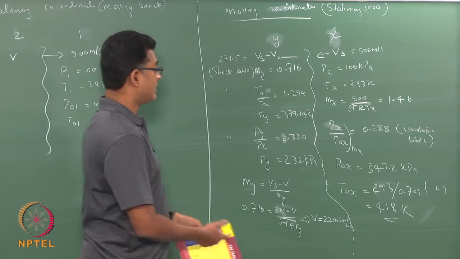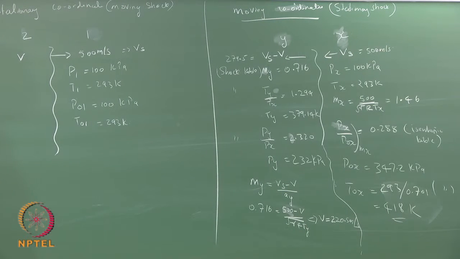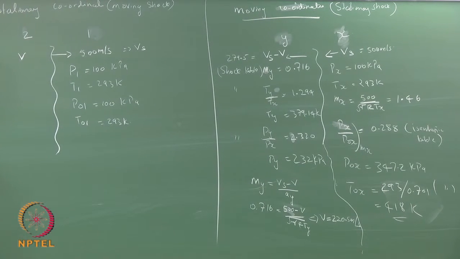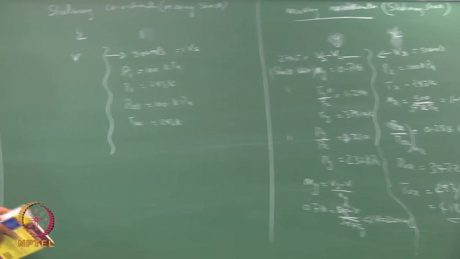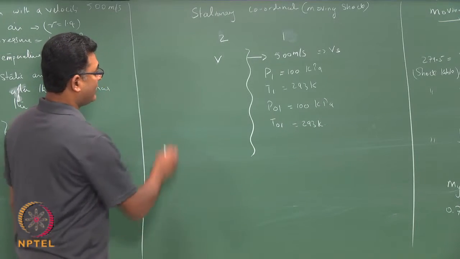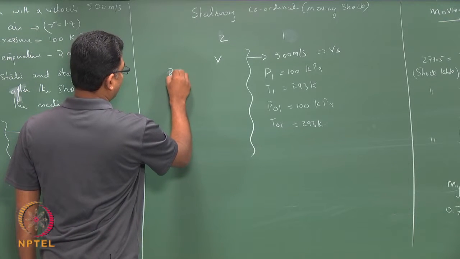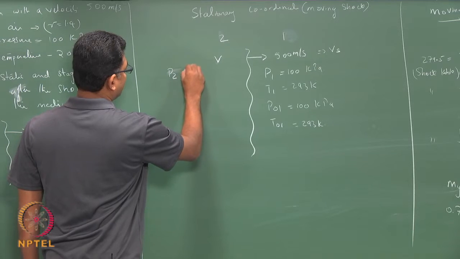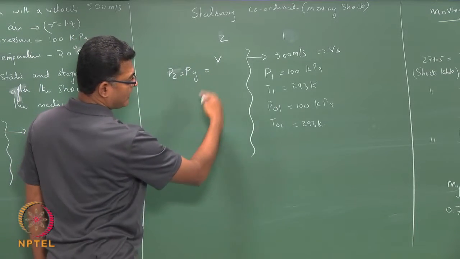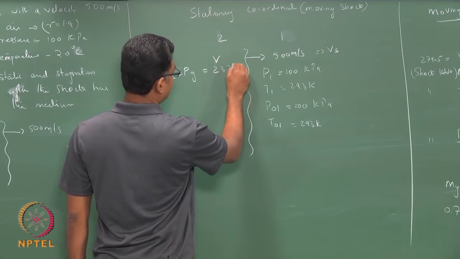Okay. Now we have to find what is happening in the moving wave. So the static quantities are going to be the same. Since I know my Ty and Py, I can write P2 same as my Py, which I can copy from that, which is 232 kilopascal.